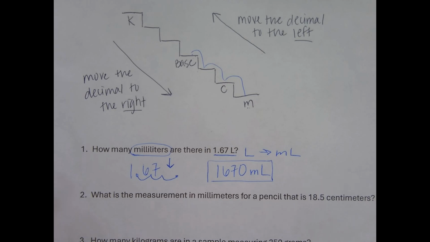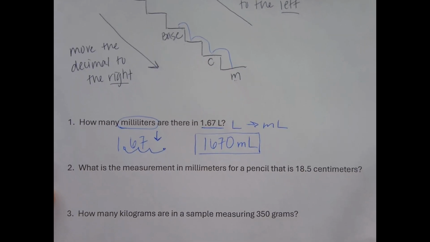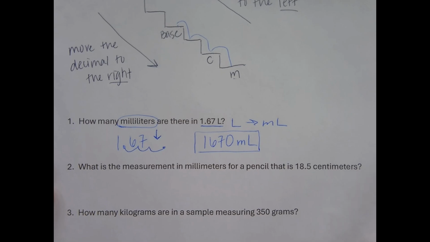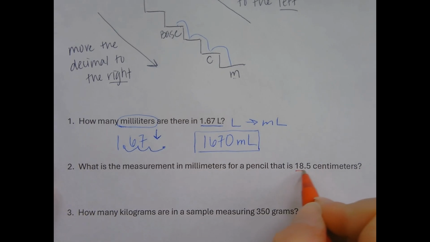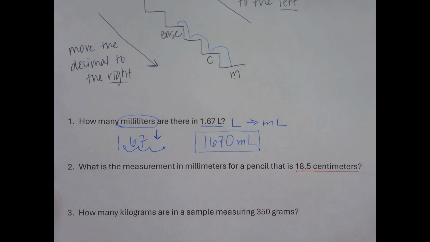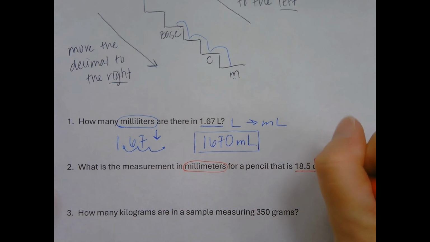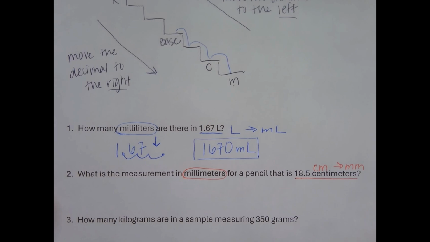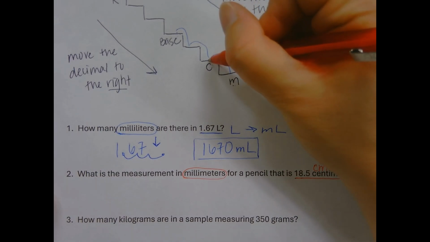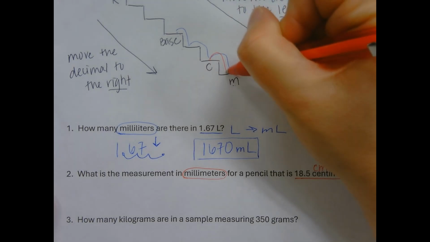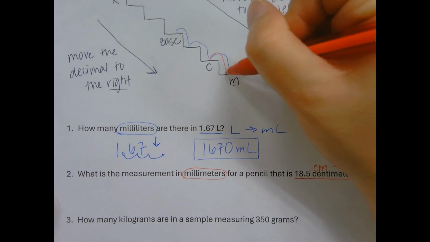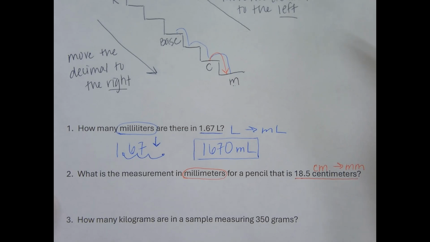Next one. What is the measurement in millimeters for a pencil that is 18.5 centimeters? I'm starting with 18.5 centimeters, and I'm looking for millimeters, so from centimeters to millimeters. Looking at my staircase, I'm starting at centi and I'm going to jump down to milli. That's one place going down one step.